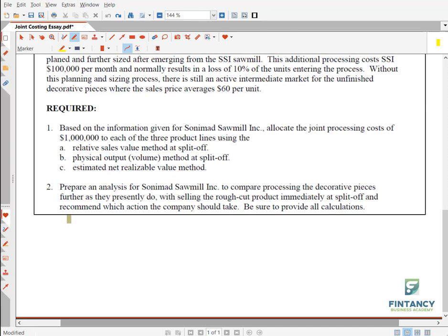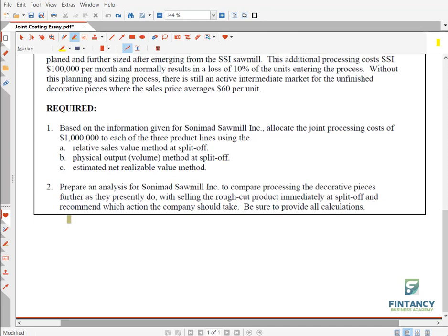So it depends on the company whether they want to process further or not. So this is that analysis we have to do, and we have to tell the company whether you should process further or you should sell at split off point. Getting the story, everyone? And recommend which action the company should take. Be sure to provide all calculations.